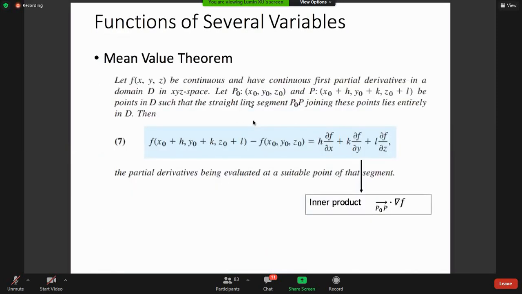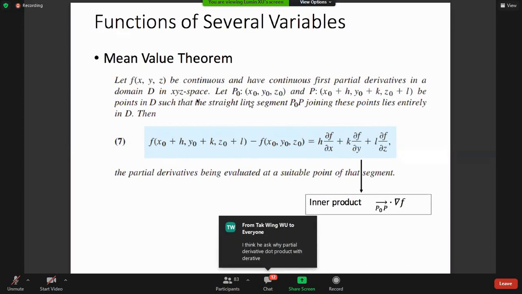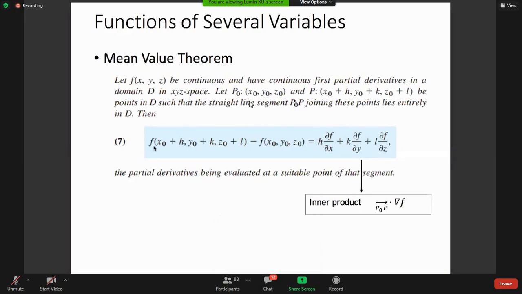Then we will move on to the mean value theorem. It says that if the function of x, y, z is continuous and has continuous first partial derivatives in some domain, then for the straight line segment P0 to P, it satisfies this equation.